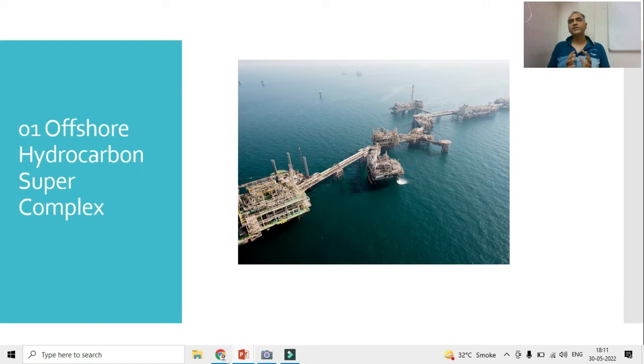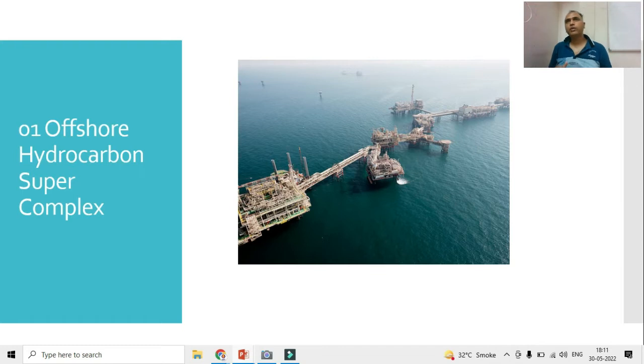So that is basically all these assemblies mounted on that wellhead platform. The wellhead platform is the main starting point from where we will get this hydrocarbon coming out. This hydrocarbon is then transferred to the riser platform.